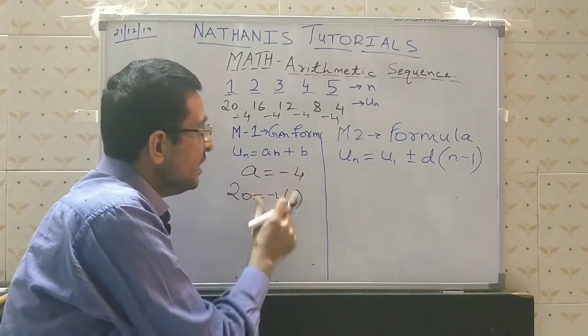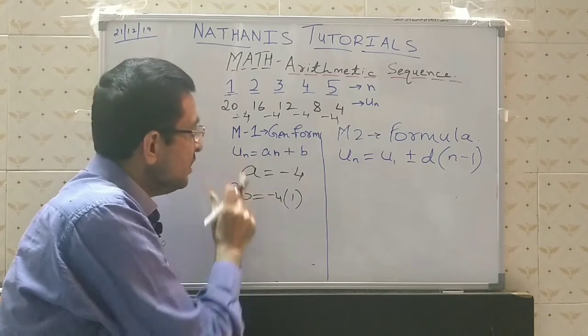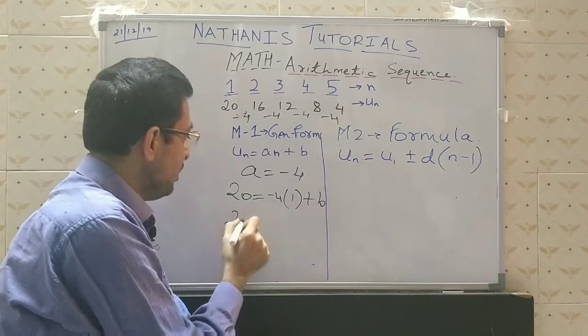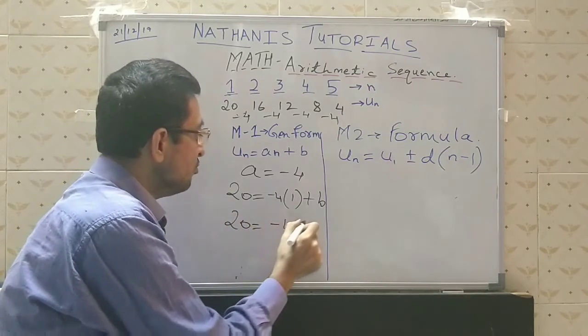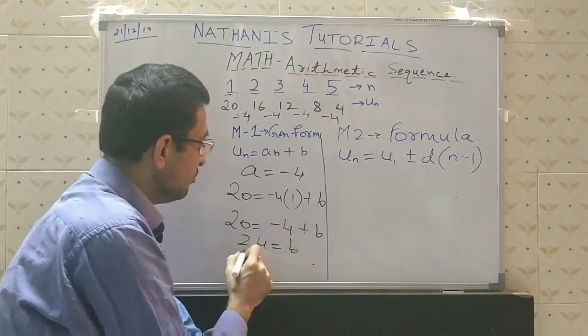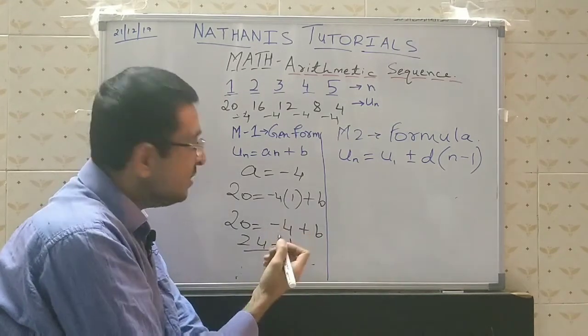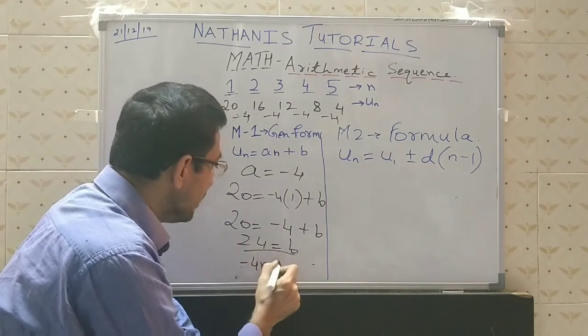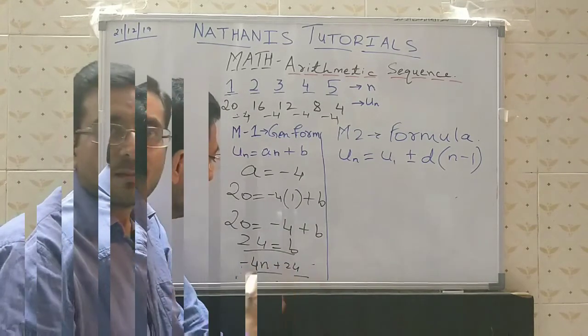So when the value of n is 1, the value of un is 20, plus b. So 20 is equal to minus 4 plus b. Therefore b equals 24. So finally the nth term of the sequence is minus 4n plus 24.